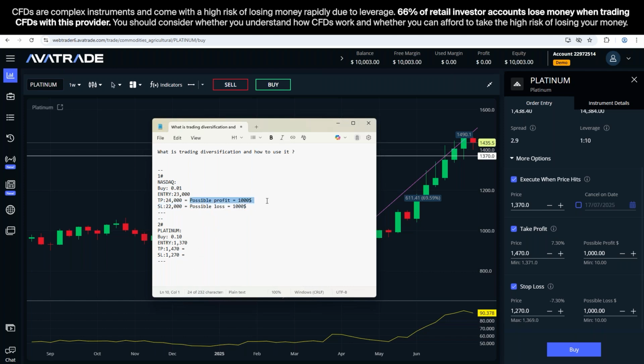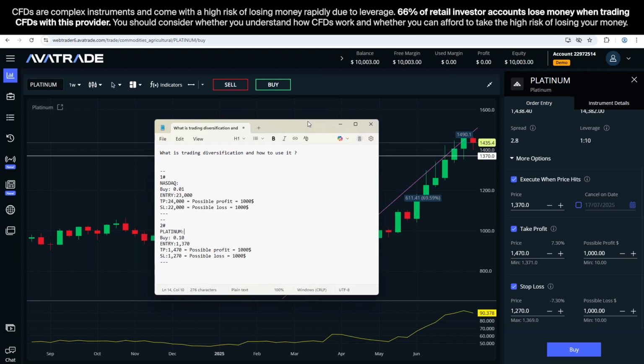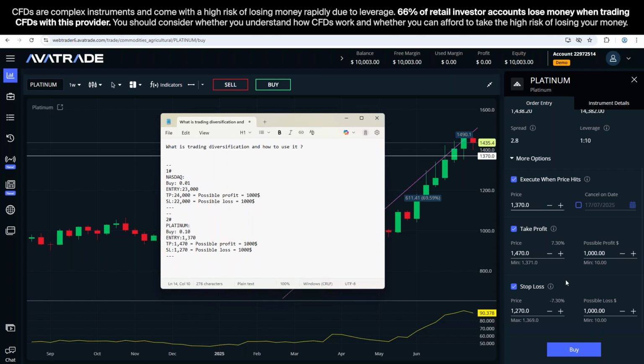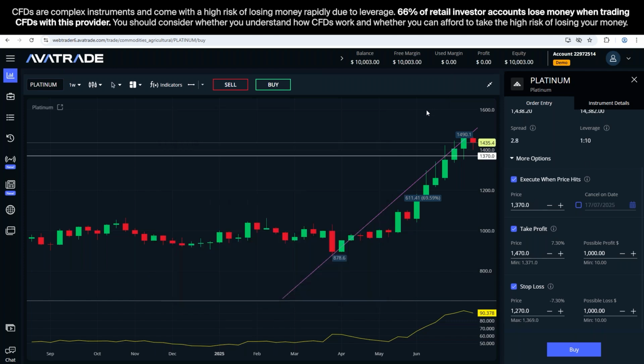And we've got this. Okay, of course, we're going to adjust it to be a bit more reasonable. And at the moment, as we can see, we're looking at 1,000 and 1,000 with NASDAQ and with Platinum.